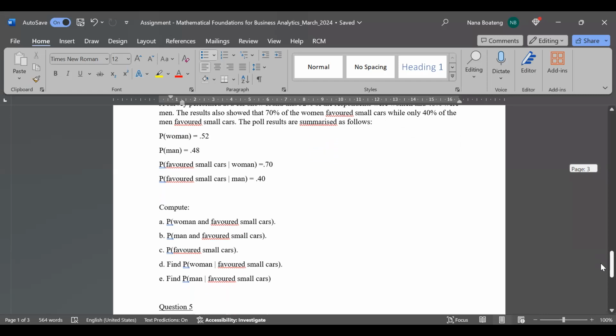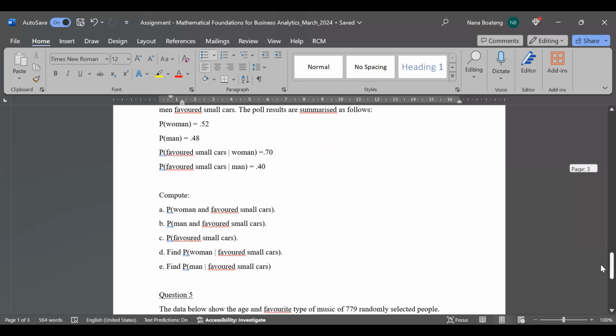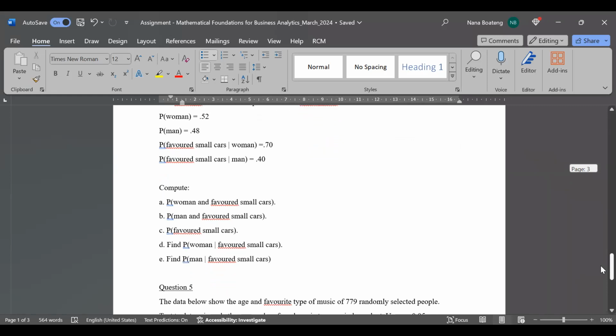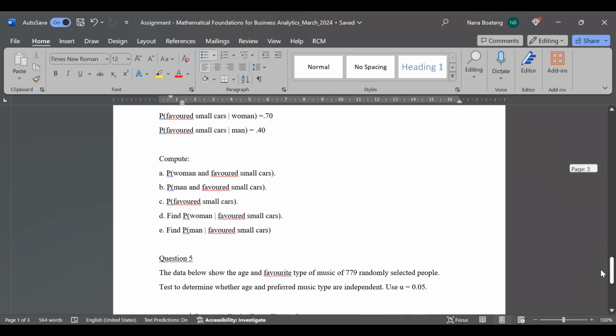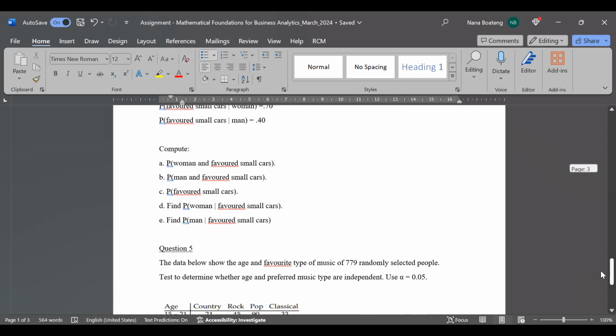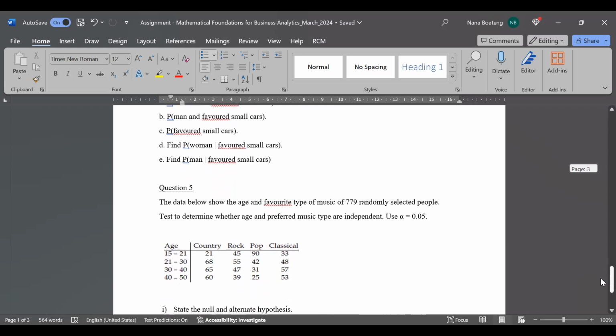Favor small cars, given that the person is a man, 0.4. Compute the probability of woman and favor small cars, probability of man and favor small cars, probability of favor small cars, probability of woman given favor small cars, and probability of man given favor small cars. Then the last one.